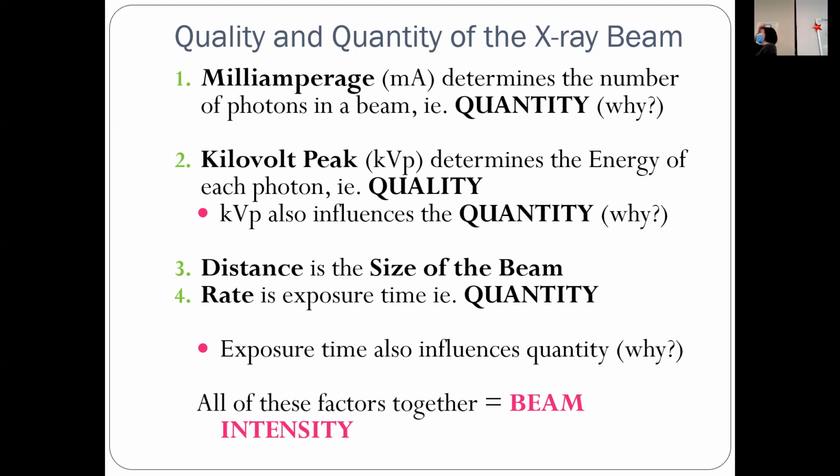So Tala, do you think you've got a guess? I might be completely wrong, but maybe because the higher or the more kilovolts you have will affect the voltage quantity. So when we push the button and it creates that high energy, they fly over there, and it's about the speed.